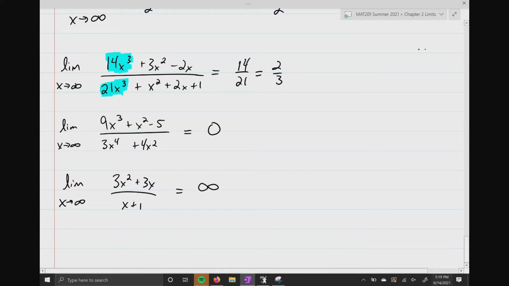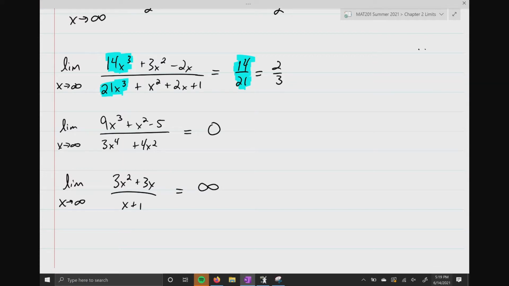In the first example, the exponents in the numerator and denominator of the highest degree are the same. When that occurs, your limit is only going to be the coefficients of those terms. So 14 over 21 turned out to be 2/3.